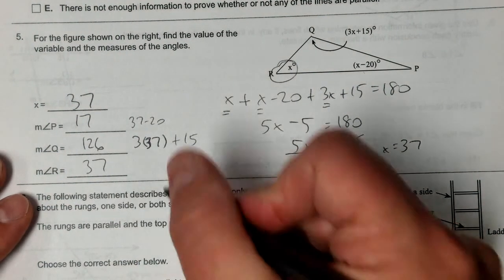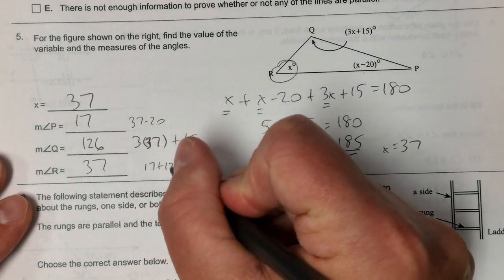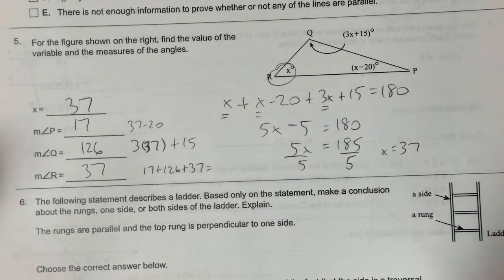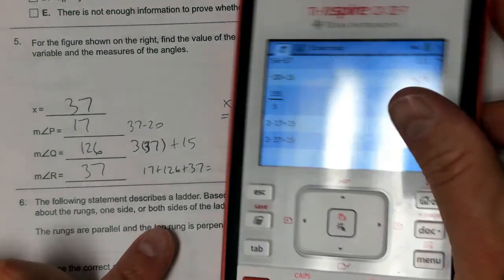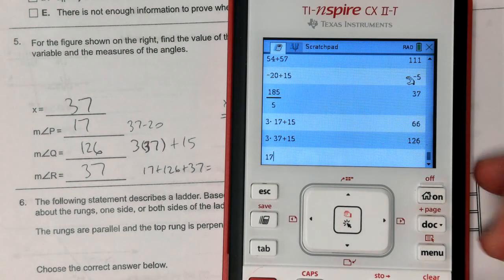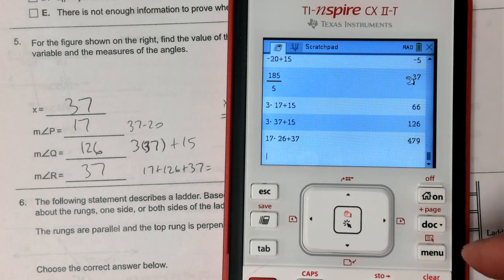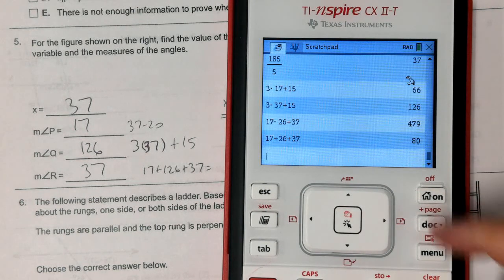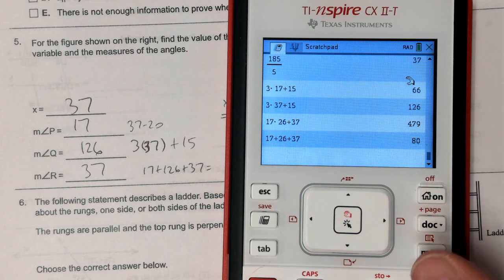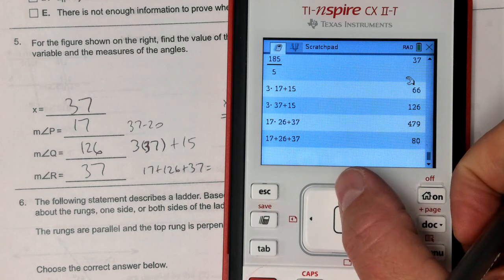And to check your answer, you can do 17 plus 126 plus 37. And that's, oops, I did a times sign. Let's try one more time.